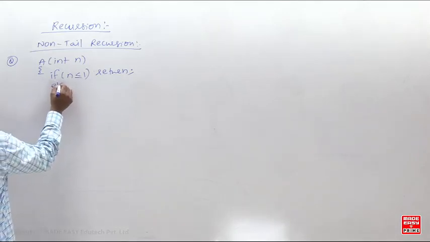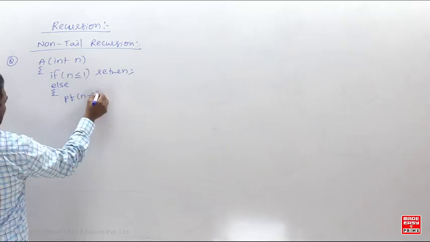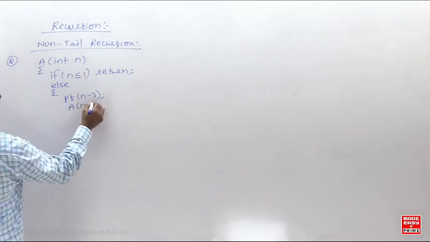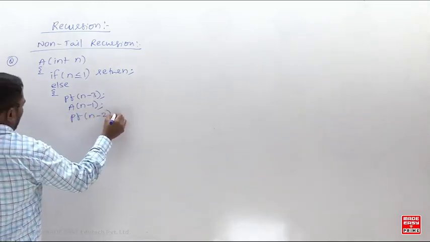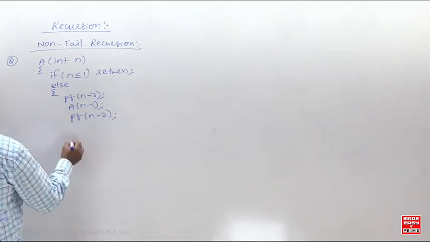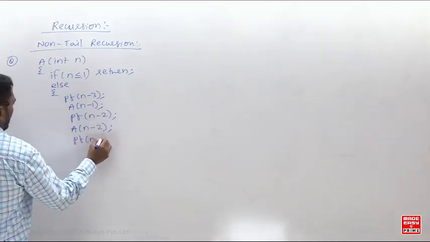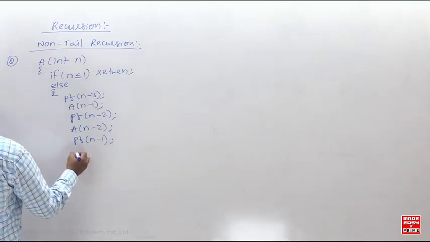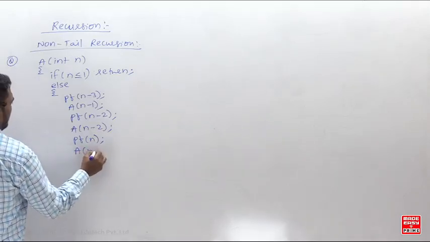Else, printf n minus 3, a of n minus 1, printf n minus 2, a of n.